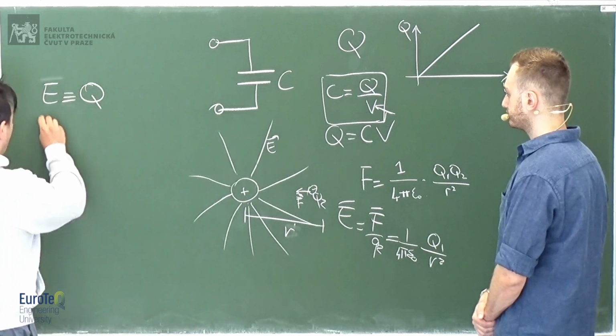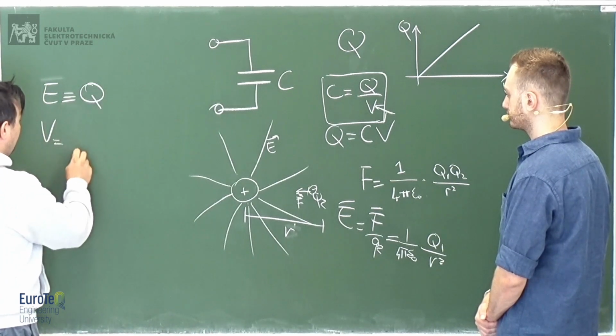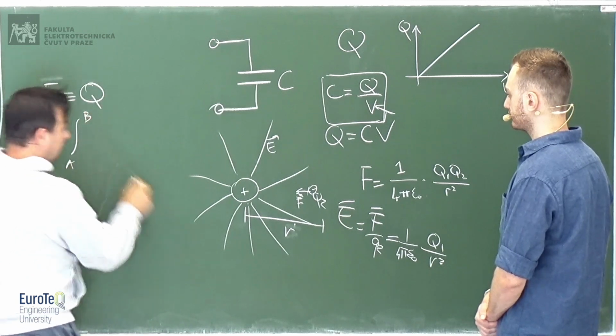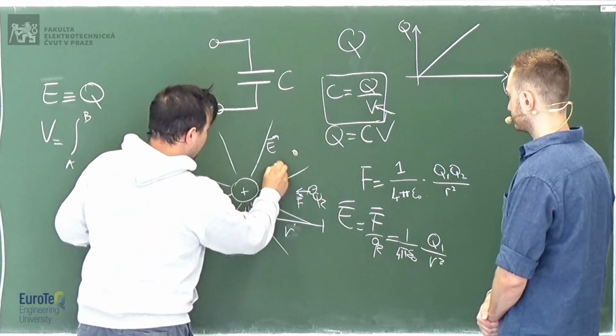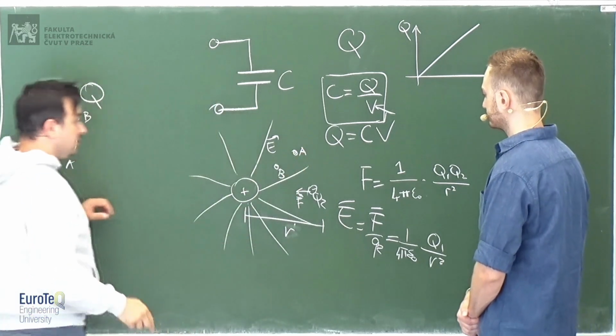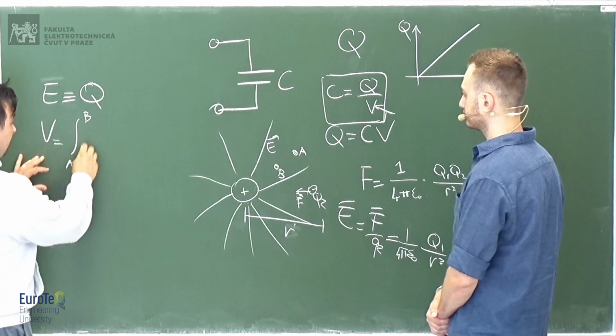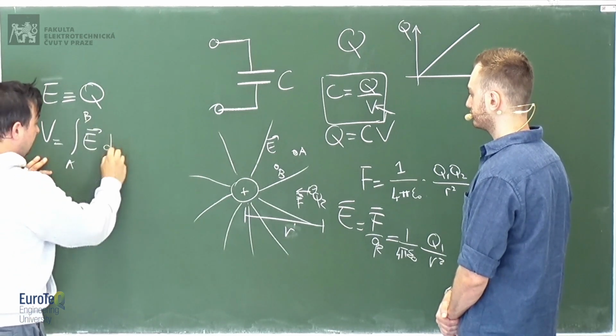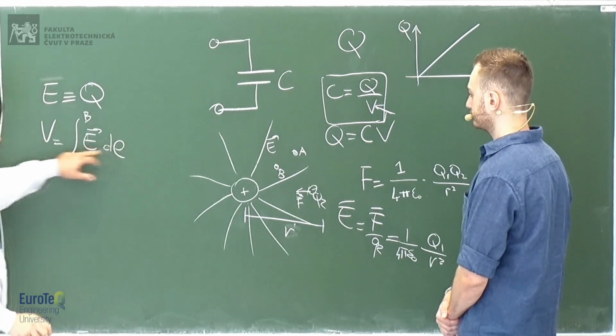Then the voltage will be the integral, let's say from point A to point B. Let's define 2 points here, A and B. And the voltage between these 2 points is the integral of the electric field over the line, okay?